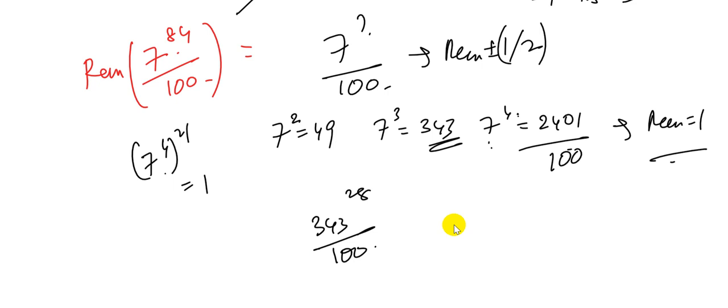But this is not entirely correct. In this case, it matched. But understand this one thing. The remainder of 343 by 100 is 43, so this is equivalent to 43 to the power 28 by 100. Now, fortunately for you, in this case it just incidentally came out as 1.